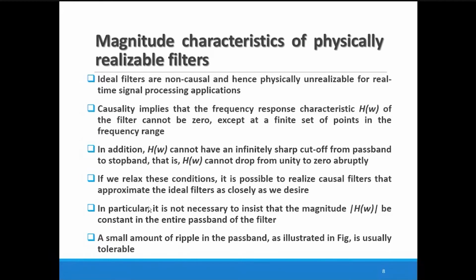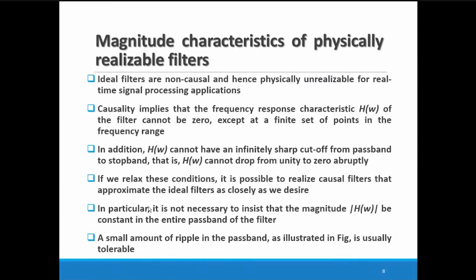So, as we have discussed, ideal filters are non-causal and hence physically unrealizable for real-time signal processing applications. Whatever ideal filters we have discussed, as per their frequency characteristic, are non-causal and hence practically unrealizable.